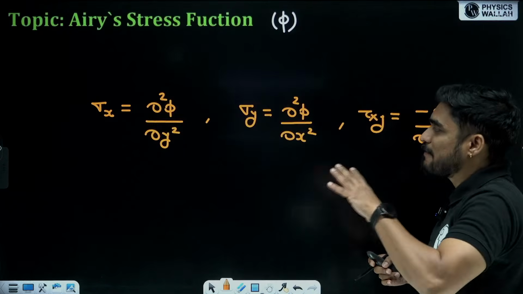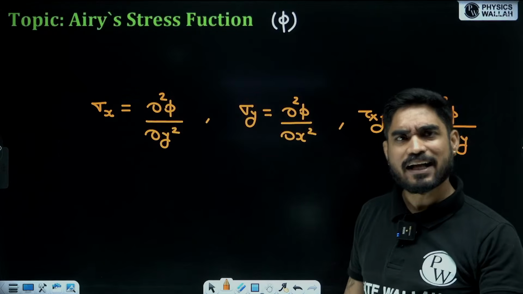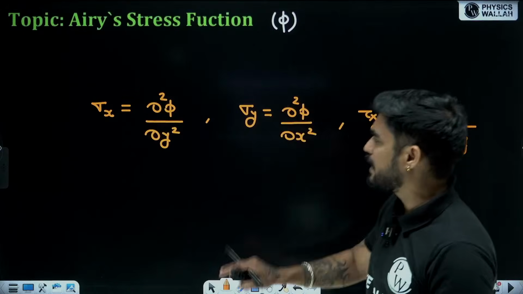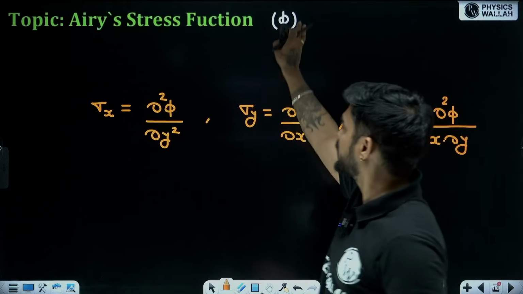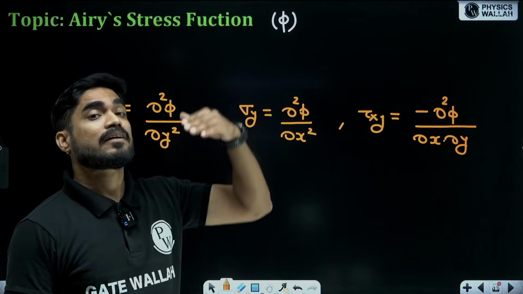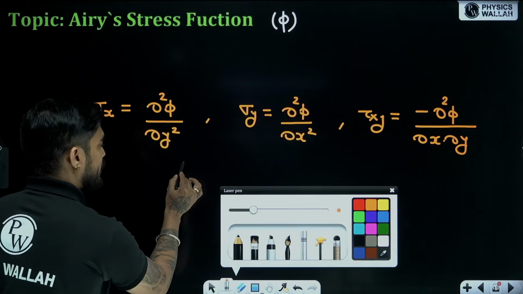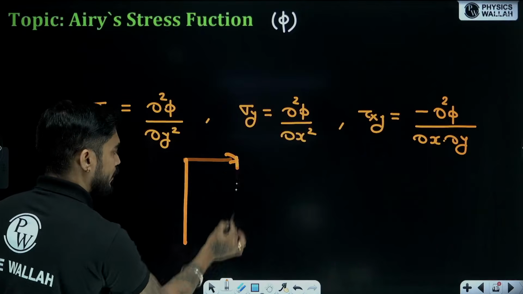Because you can find the values of all these stresses at different points over the entire area. Using this single function, it will give you the entire distribution of stress. For example, let's say the stress is varying linearly.